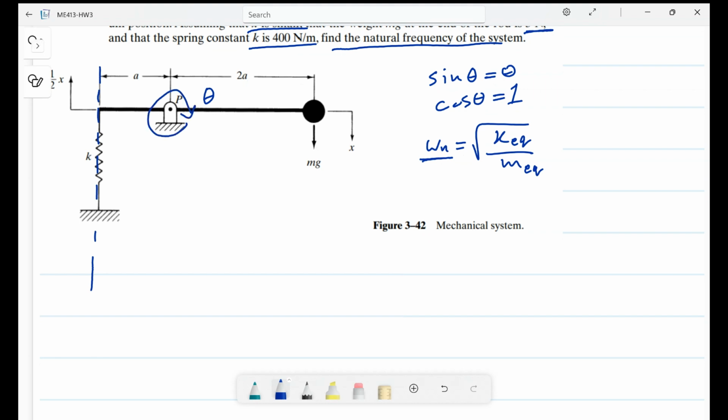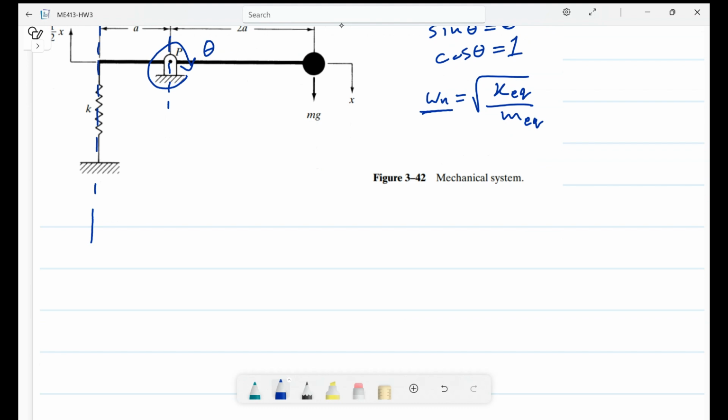Okay, so just let me try to draw this one. Here we have our B, and our system will be displaced like this, or rotate like this.